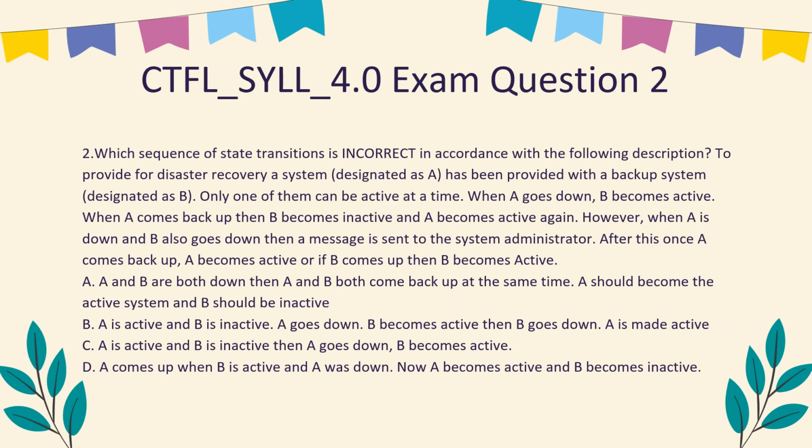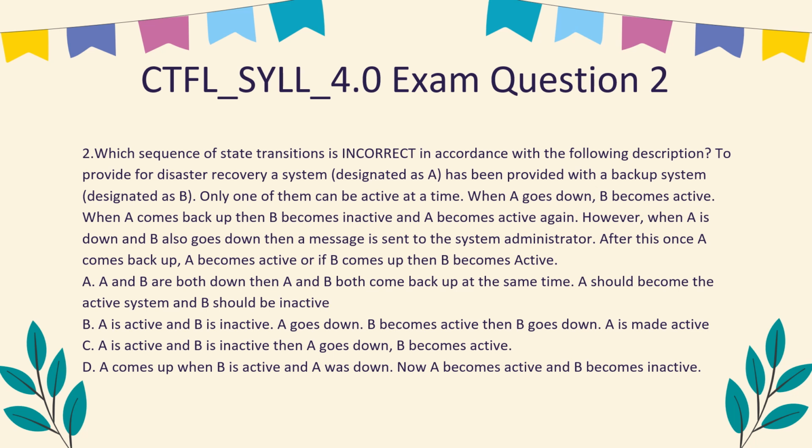Which sequence of state transitions is incorrect in accordance with the following description? To provide for disaster recovery, a system, designated as A, has been provided with a backup system, designated as B. Only one of them can be active at a time. When A goes down, B becomes active. When A comes back up, then B becomes inactive and A becomes active again.